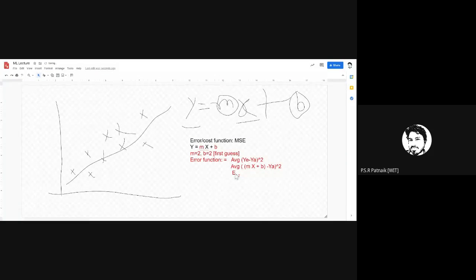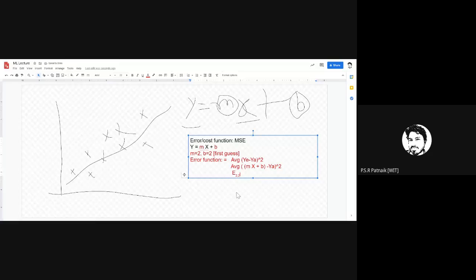Okay, so what you get is the error when m is equal to 2 and b is equal to 2. This is what you're getting here.